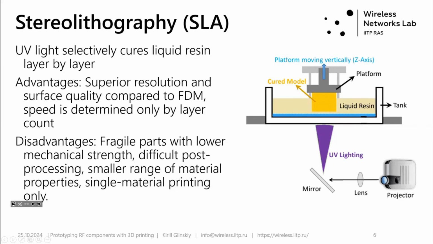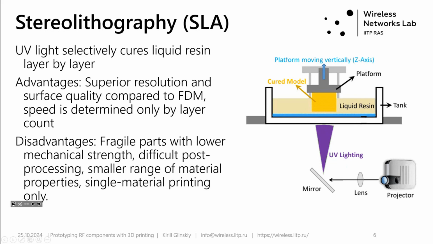So the main concept behind this 3D printing approach is that we can fill a vat with some liquid resin, which is photosensitive. So it hardens and becomes solid when irradiated with UV light. And using either the laser or the projector, we can selectively cure or harden some parts of the detail, and then we can raise it a little bit, so the next layer can also be exposed, cured, and so on.